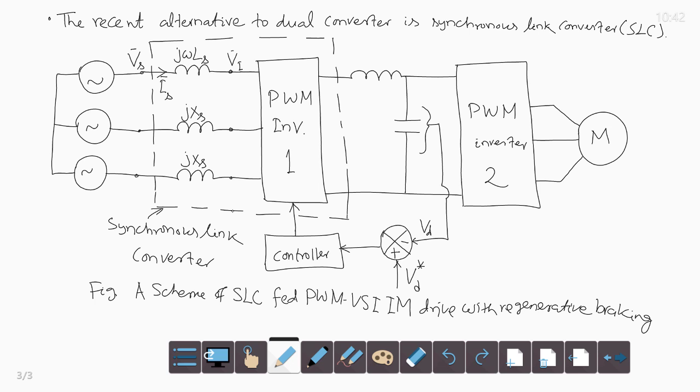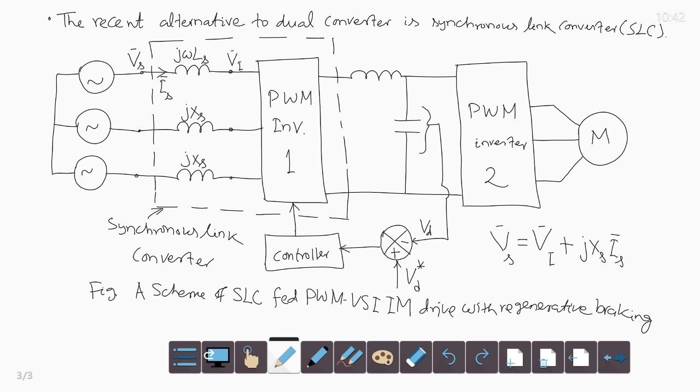As you see in this circuit, the phasor equation is supply voltage Vs equals inverter terminal voltage Vi plus j Xs into phasor Is. This is the phasor equation which is satisfied in this circuit.